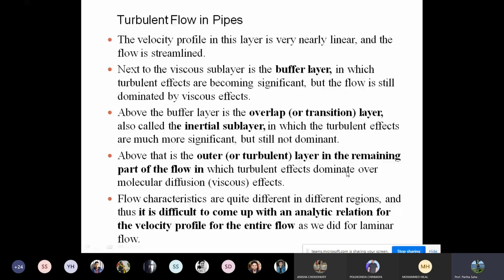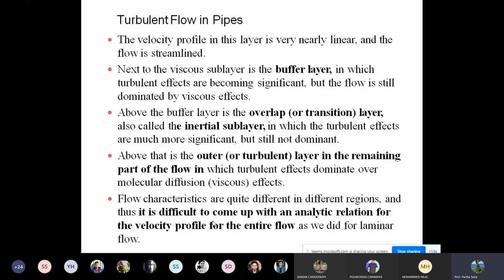So the flow characteristics are quite different in different regions, and it is difficult to come up with analytical relations for the velocity profile. Unlike laminar flow, where you considered a particular velocity profile given by u r, varying in the radial direction, this is not so straightforward for turbulent flow. That is why it is very difficult, and we will see in the later half that there is a chart for it.